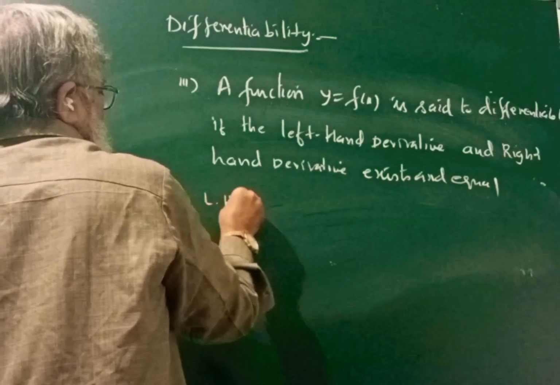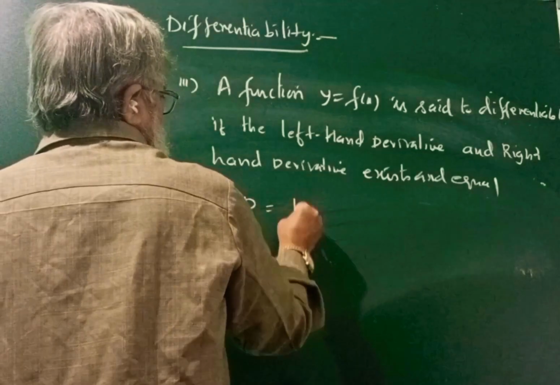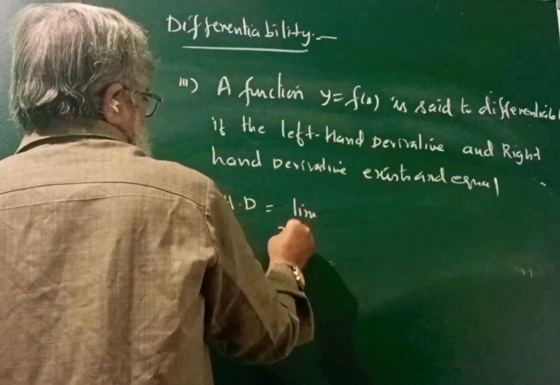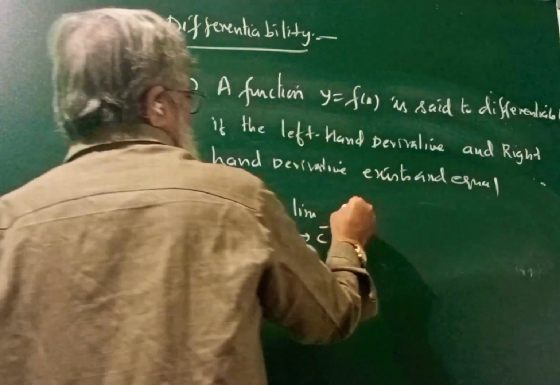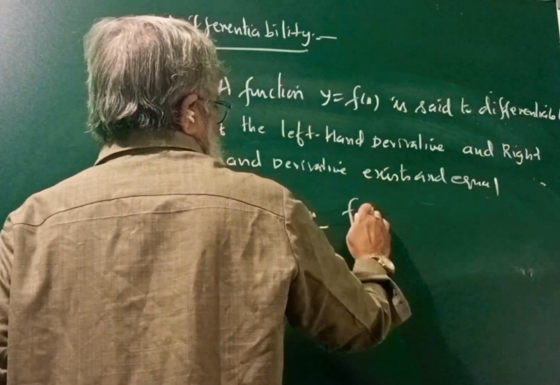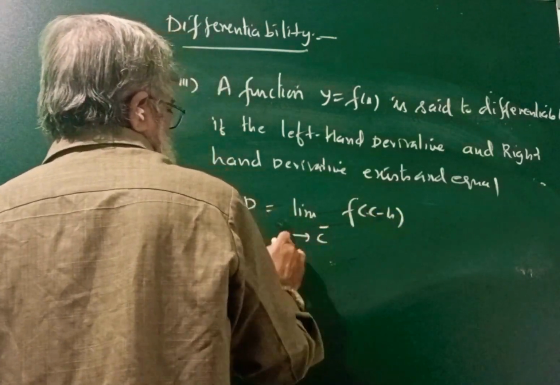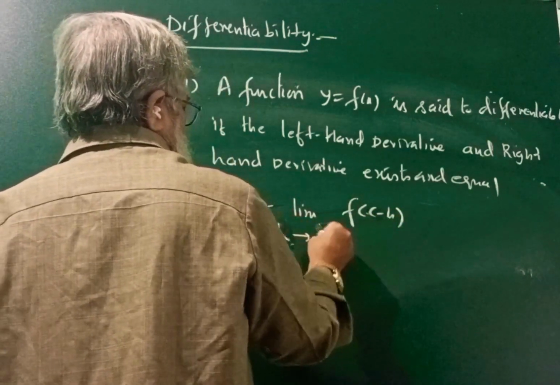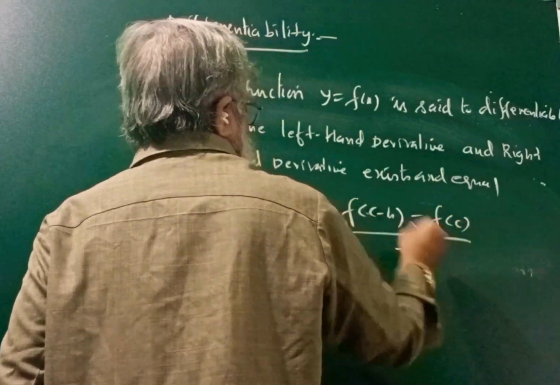What is the left hand derivative? The left hand derivative is denoted by LHD. It is the limit as x tends to c from the negative side, that is, as h tends to 0, of f(c minus h) minus f(c) divided by minus h.